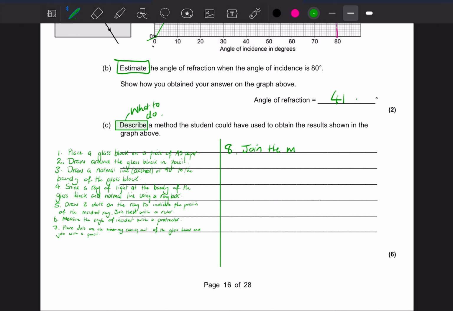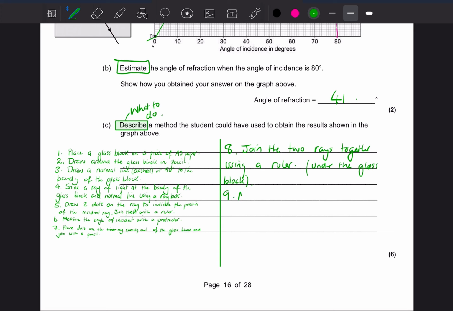So join the 2 rays together using a ruler, and that's the area under the glass block.